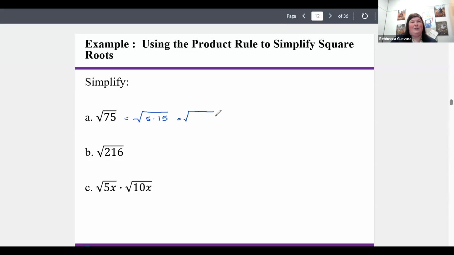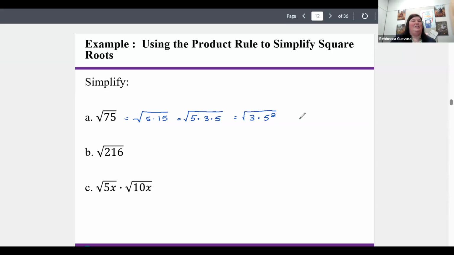We're going to break that down further because we want what we call prime factorization. So I just want to write all the prime factors. 15 is just the product of 3 and 5. So we can say that 75 is just 5 times 3 times 5, or it's 3 times 5 squared.